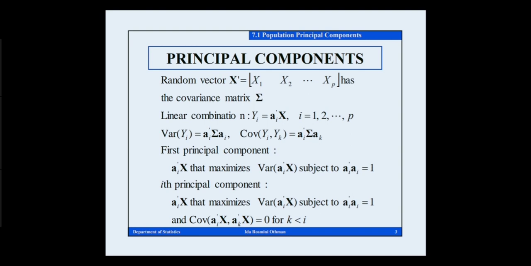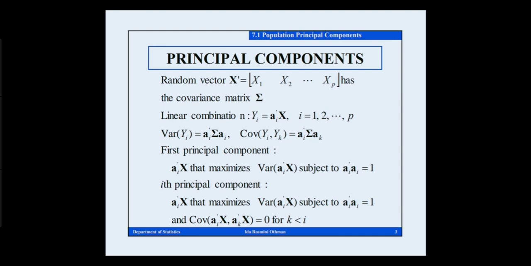So this linear combination is something you have learned before, or are familiar with, in the previous chapter. So if we have two linear combinations, they will be y1 and y2. When you multiply matrix ai with X, you will get the linear combination in the form of a function like that. That is called a linear combination.